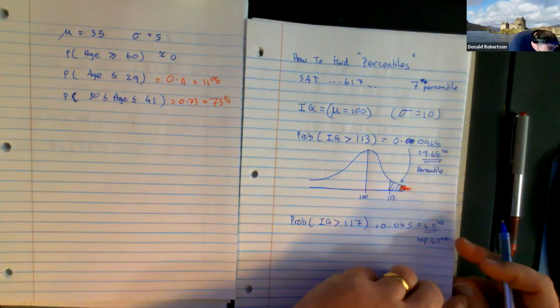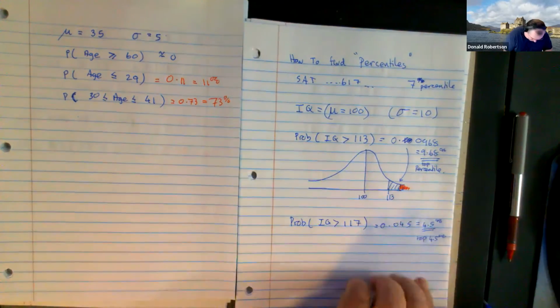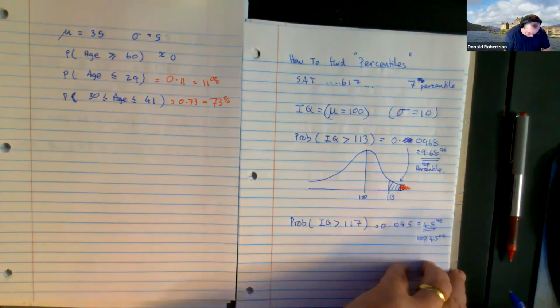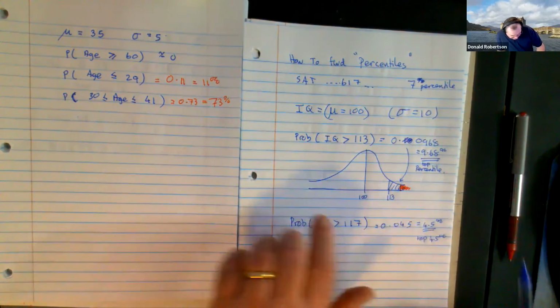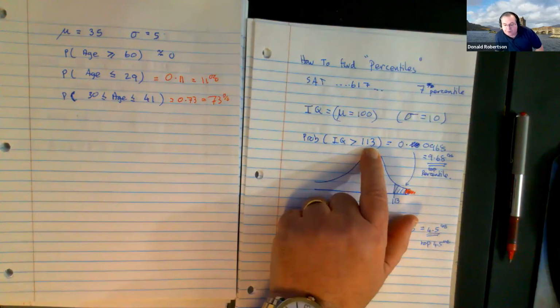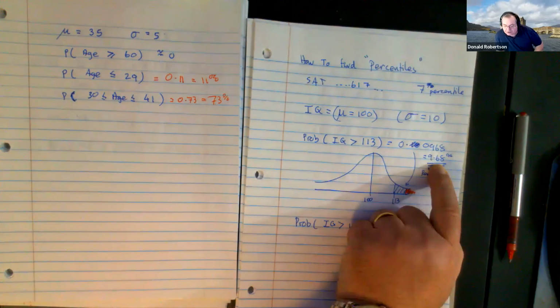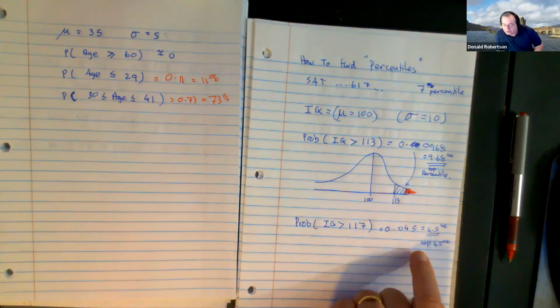I should say the word top is important here. So if you got a score of 113 in an IQ test, you would be in the top 9 percentile. In this case, you would be in the top 4.5 percentile.